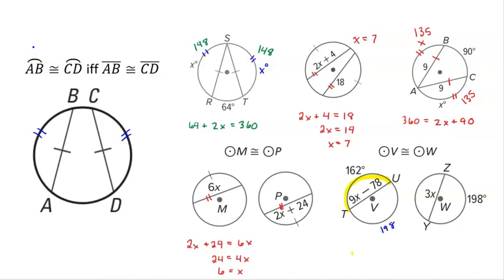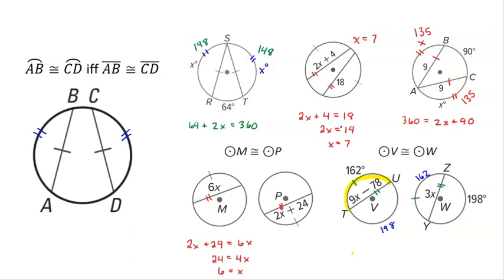And now from here, I've got 198 on this side. That means that this side would be 162. And so that shows me that these two chords, see how this chord is closest to the 162 and this chord is closest to the 162? That means both of these chords are going to be congruent because they both have congruent arc marks.